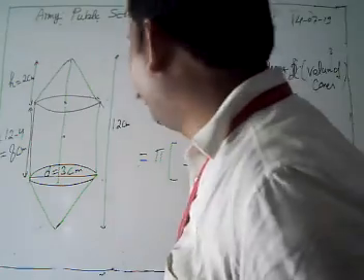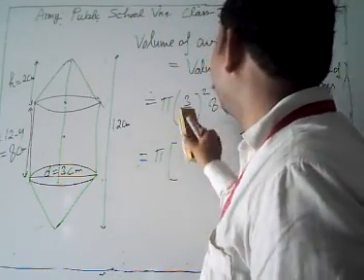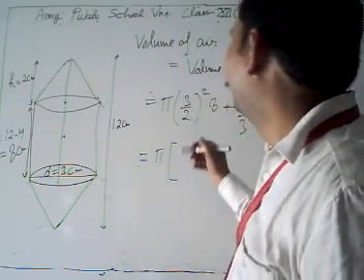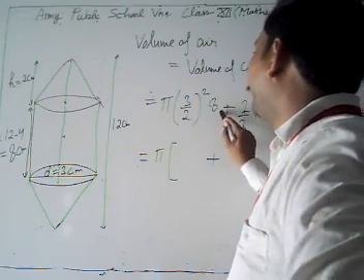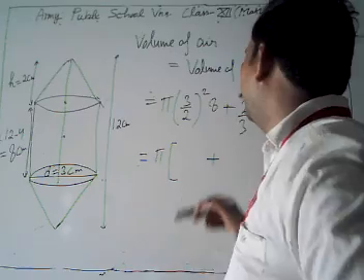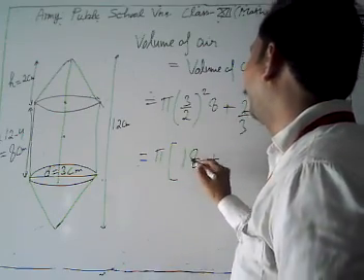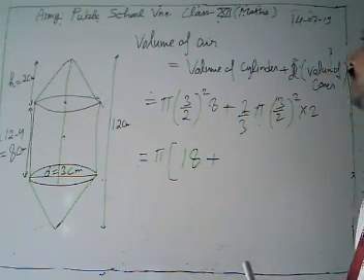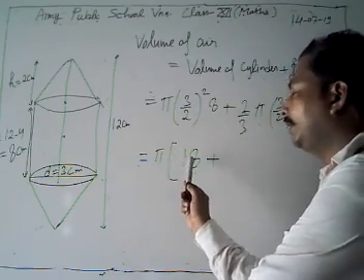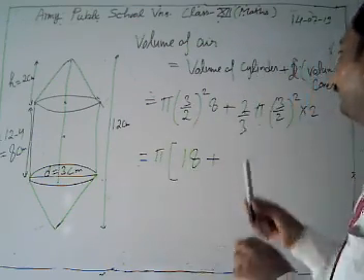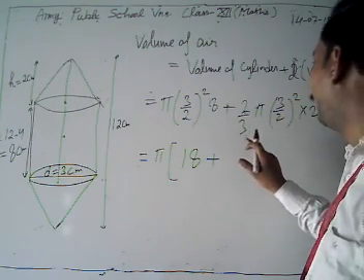Then 9 8s are 72, 72 divided by 4, then we get 18. Then we take out pi common there.